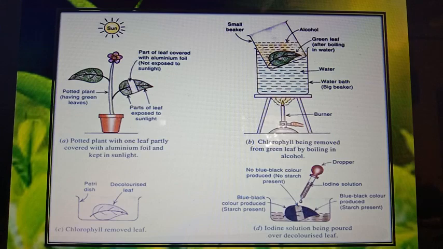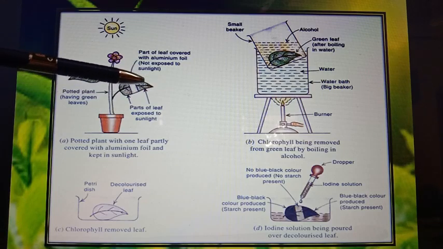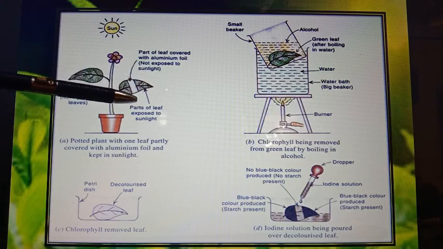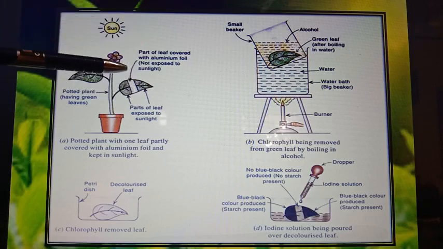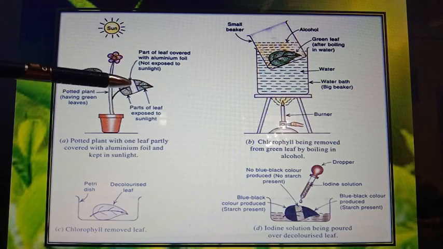So now, what are the steps of this experiment? First, you have to take one potted plant and cover a part of its leaf with a piece of black paper, or you can use aluminum foil too. Why do you have to put this cover?